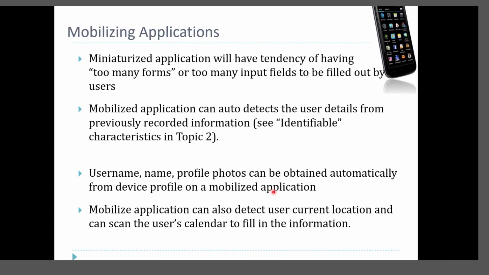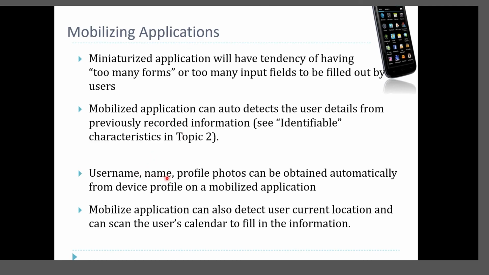Right, and then we have miniaturized applications that will have the tendency of having too many forms and too many input fields. And then mobilized applications can auto-detect the user details from previously recorded information. See identifiable characteristic in topic 2. They boleh detect user location from social login, okay, or previously recorded information.